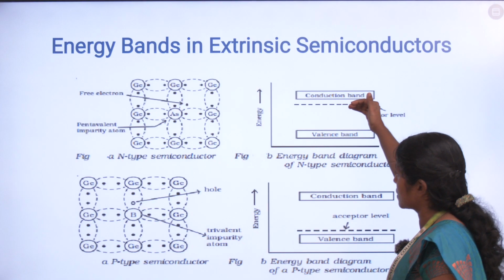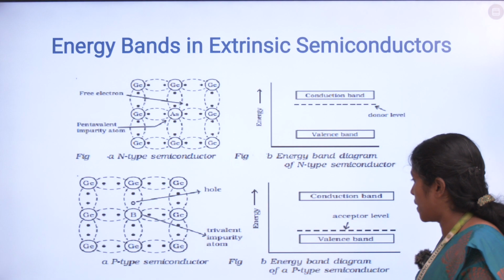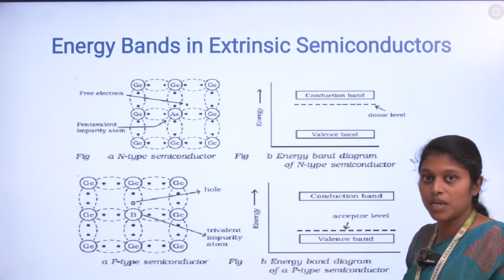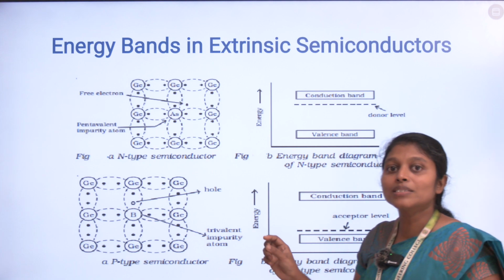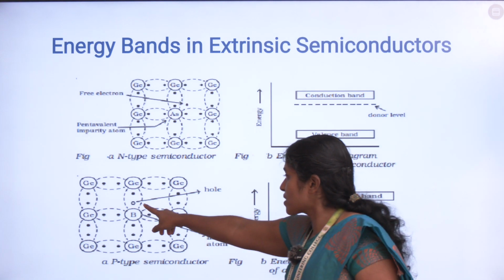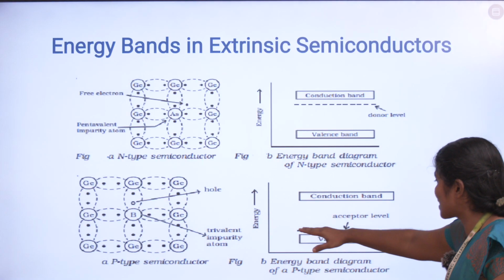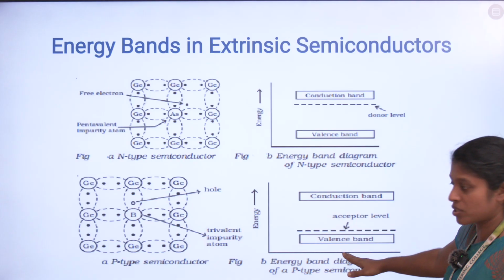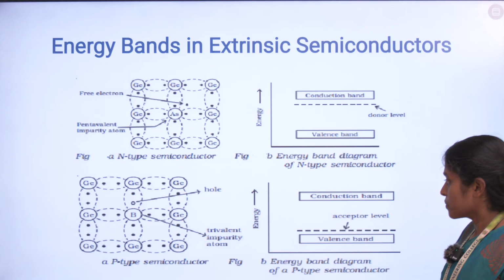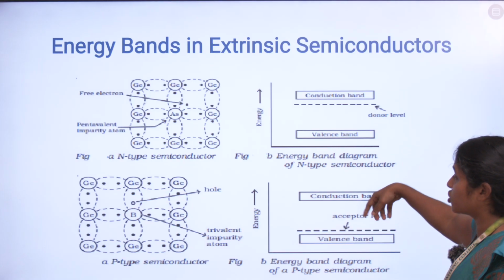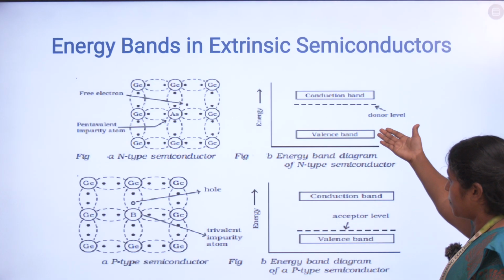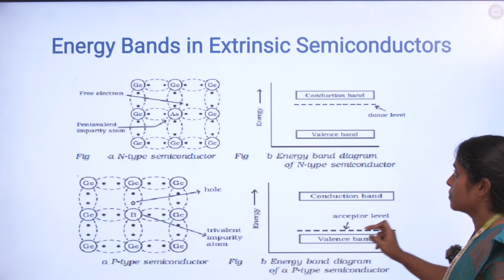Whereas for P-type semiconductor, there occurs a hole, and the acceptor level will be closer to the valence band. This is the energy level difference of N-type and P-type material.